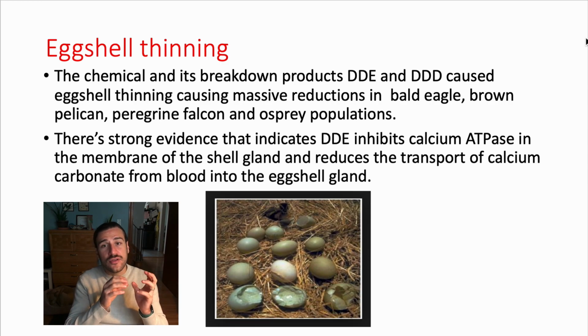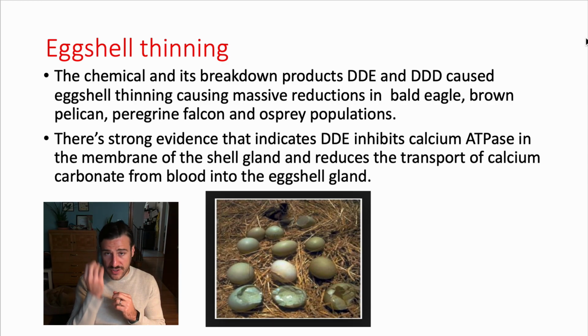Whatever molecules or channels are filtering calcium out of the bird's blood, those get blocked up, and the birds can no longer synthesize a thick shell. If a bird doesn't have a thick shell, the embryo will not develop. It'll be too fragile.